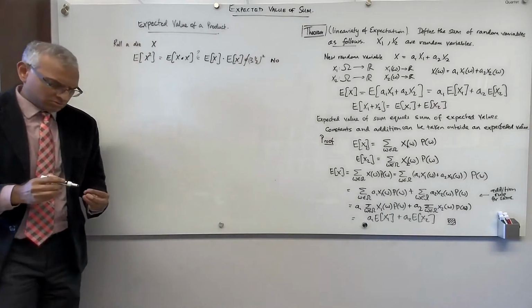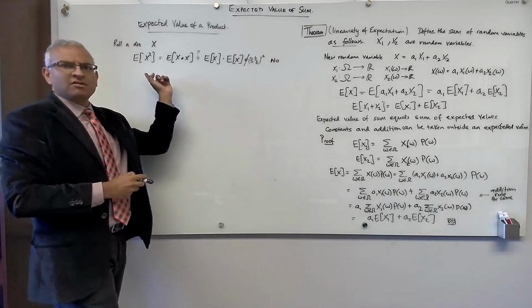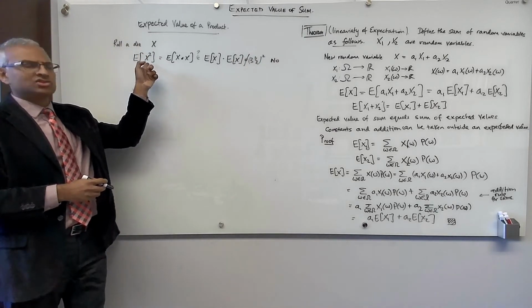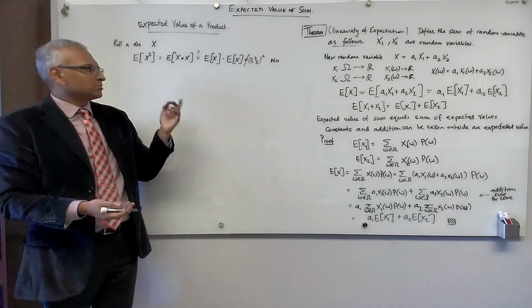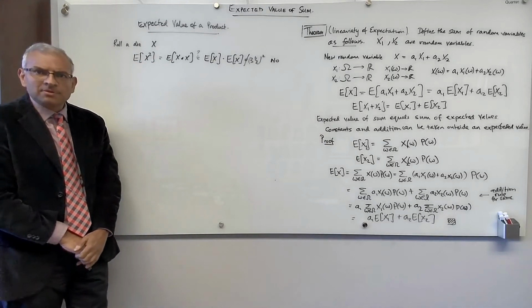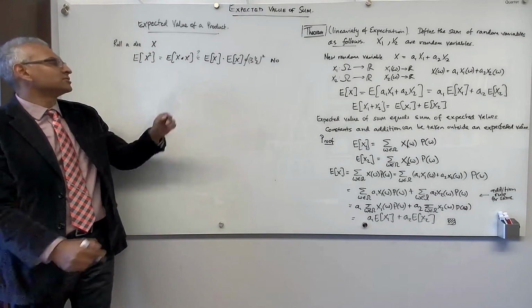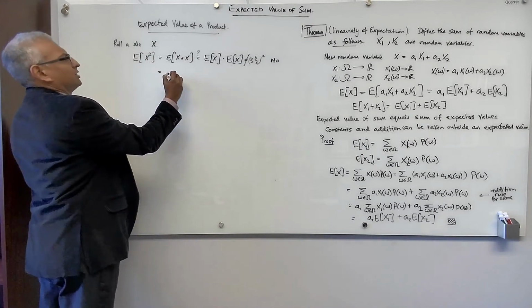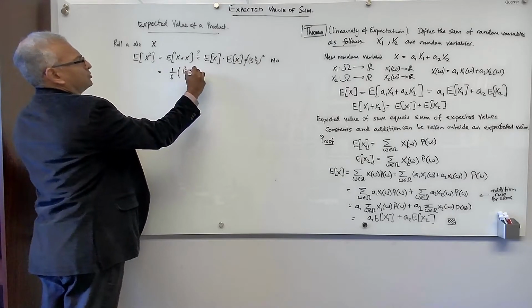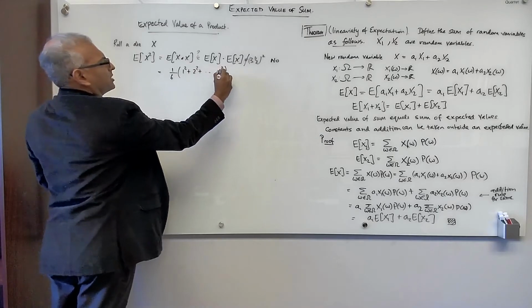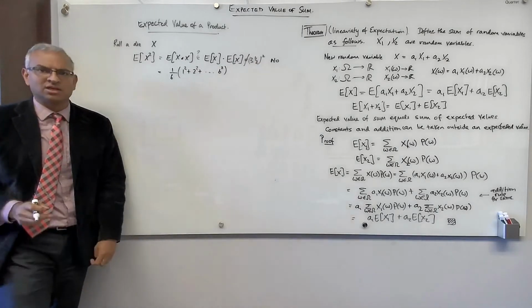You can read the text about this, but I encourage you to compute the expected value of x squared. We know the PDF of x, so it's going to be x squared weighted by the probability of that x, so this is equal to 1 over 6 times 1 squared plus 2 squared plus up to 6 squared. And compute it, you see it's not equal to 3.5 squared.